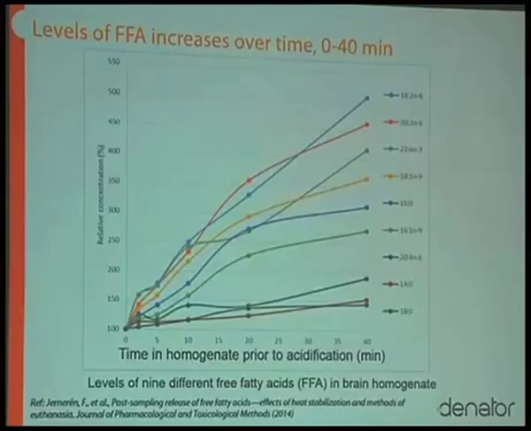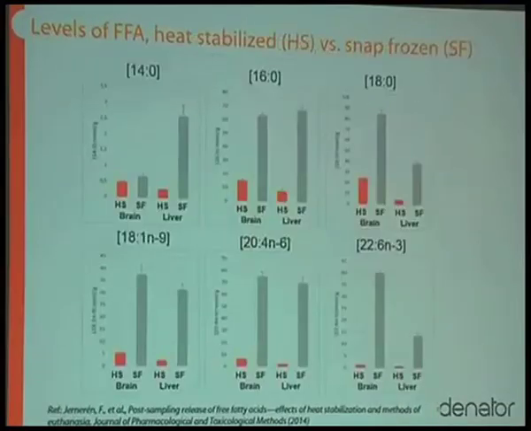When we do the direct comparison between the heat stabilized sample and the snap frozen sample, these samples are extracted in acidified methanol, so 99.9% methanol, 0.1% TFA. So acidic methanol, very organic, very denaturing solution. Nonetheless, we see large differences.